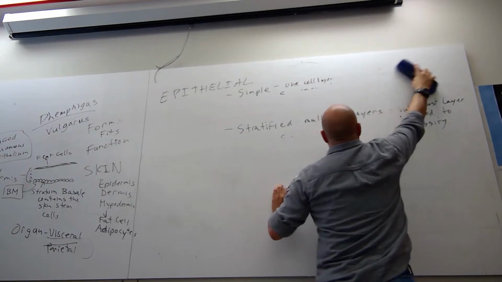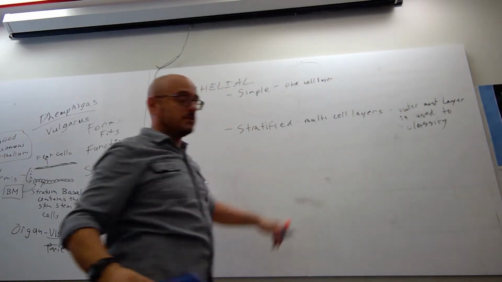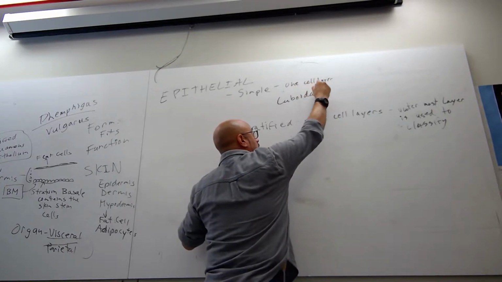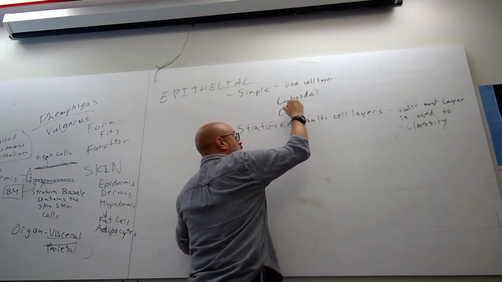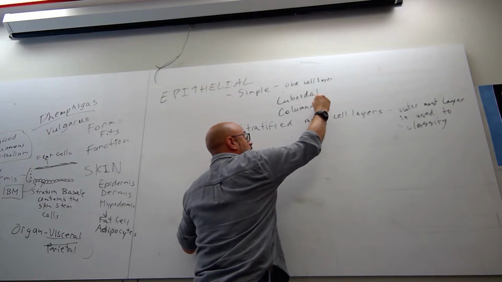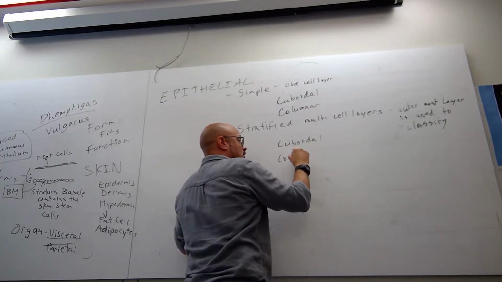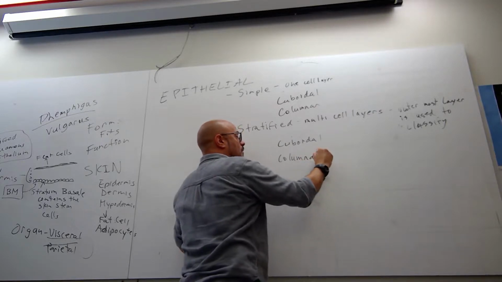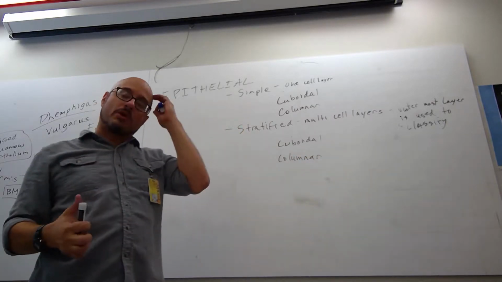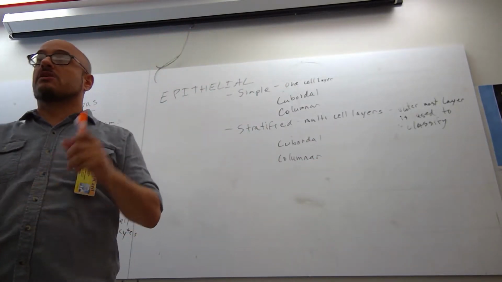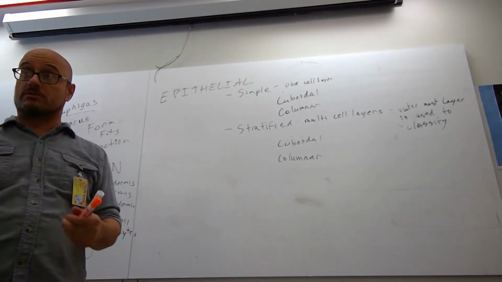If we then compare simple cuboidal and columnar to stratified cuboidal, columnar, well, cuboidal and columnar will be involved with absorption, reabsorption, secretion, and excretion.